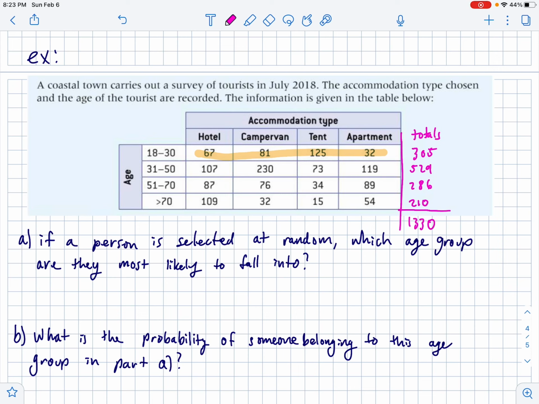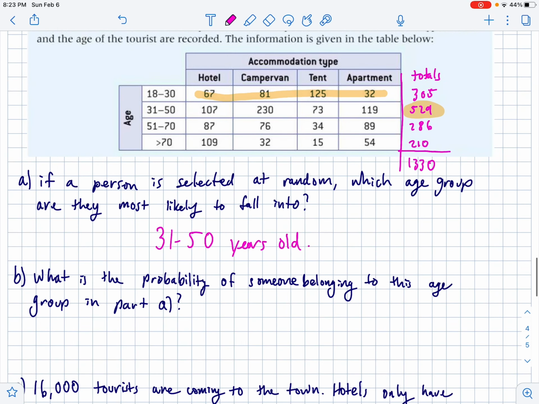So, of those 1,330 people, the largest group that I see is the 31 to 50 range. There's 529 of them. So, if somebody is selected at random, it's the biggest probability, because that's the most people in that age range. So 31 to 50 years old would be the most likely group that is selected.